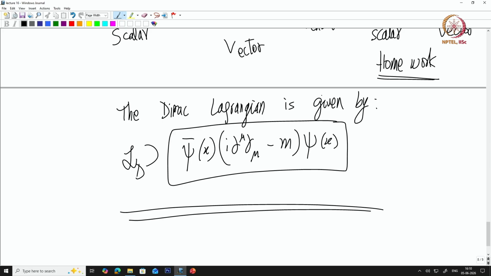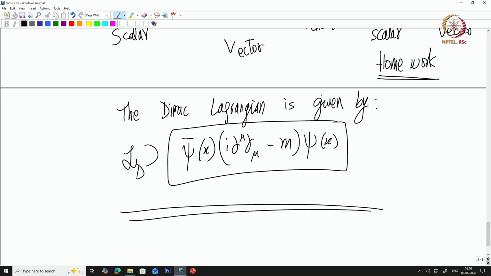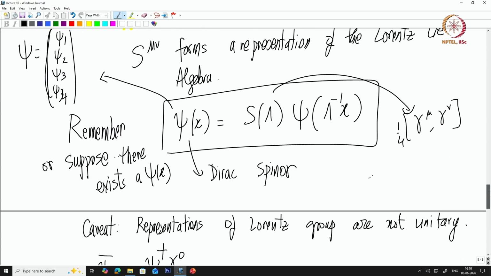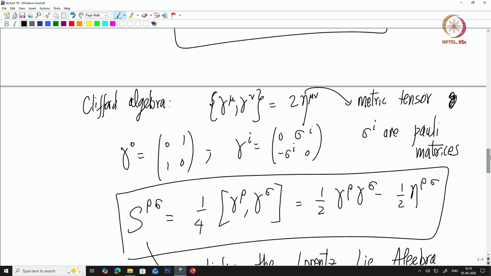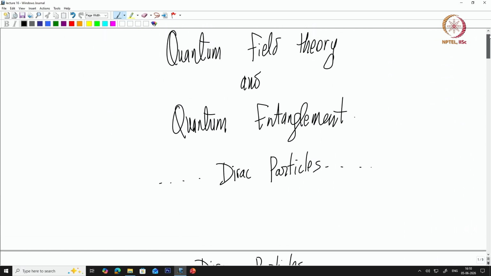Now we look at some solutions of the Dirac equation, and then we will start with the quantization of the Dirac equation. Remember, in this course I assume that you already know the Dirac equation and its solutions. Here I am just doing a recap.